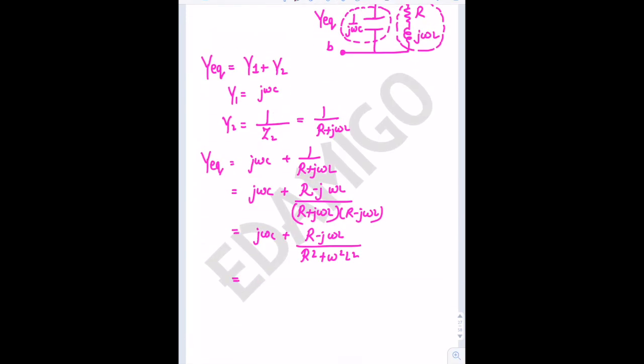Now, if I write the imaginary part of Y equivalent, that will be equals to omega C, because I will write it like this: j omega C minus j omega L divided by R square plus omega square L square.